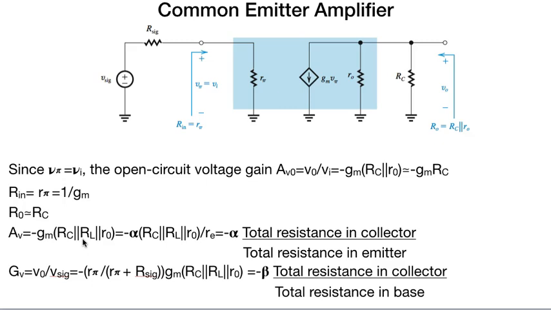That is a very simple formula to remember: the voltage gain V0 by Vi, I am not considering V0 by Vs, I am considering V0 by Vi or V pi, is equal to minus alpha times total resistance in collector region upon total resistance in emitter region, and GV is equal to minus beta times total resistance in collector region upon total resistance in base region. This we are talking about for the common emitter. Why have I taken the common emitter? Because the common emitter is the most widely used amplifier.